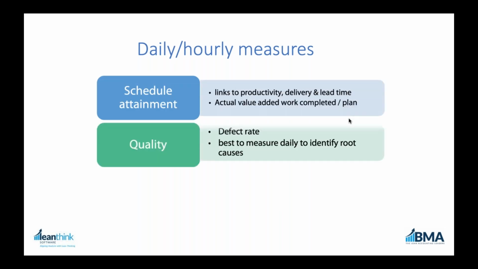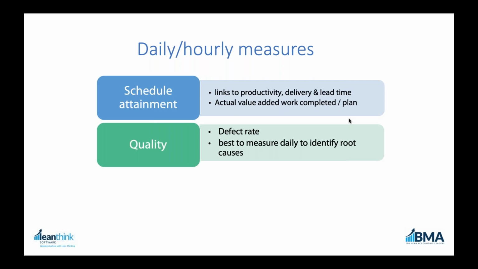Just to review briefly, daily and hourly measures. Schedule attainment and quality. These are two essential measures. Schedule attainment is basically what work was scheduled and what work was completed on an hourly basis or a daily basis.